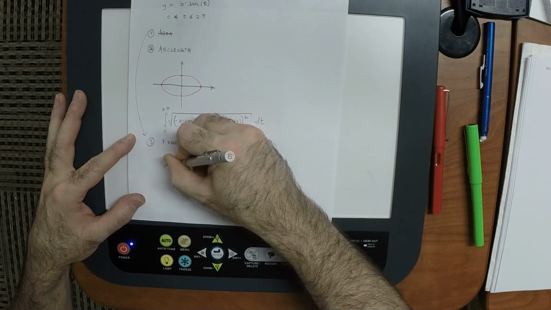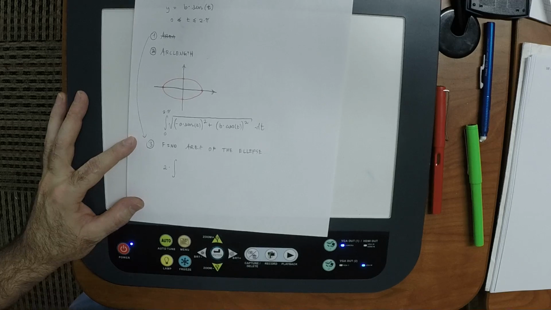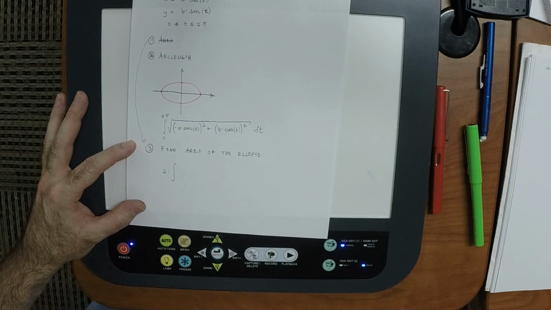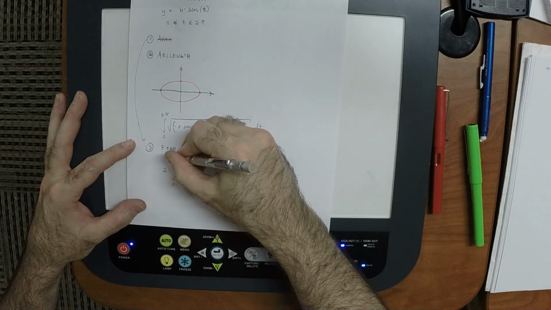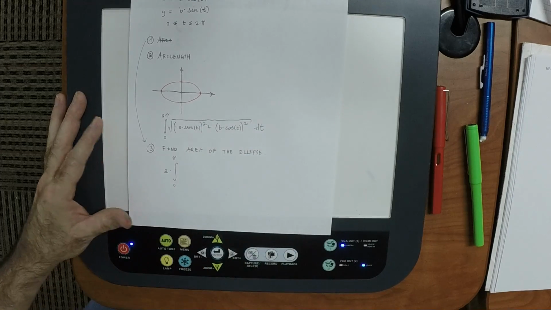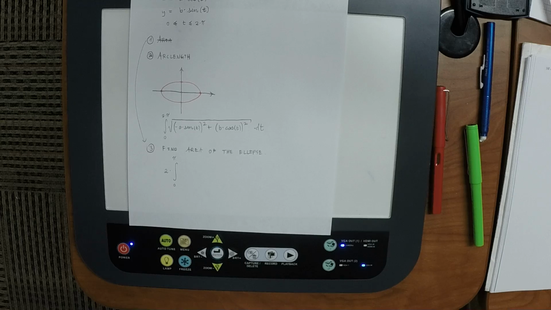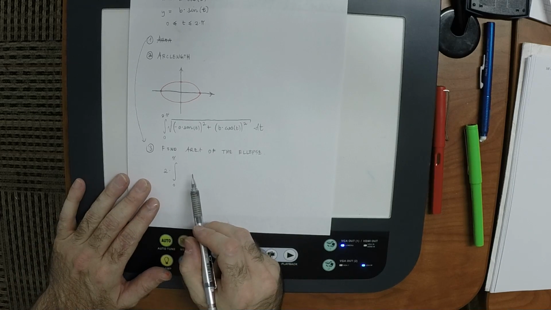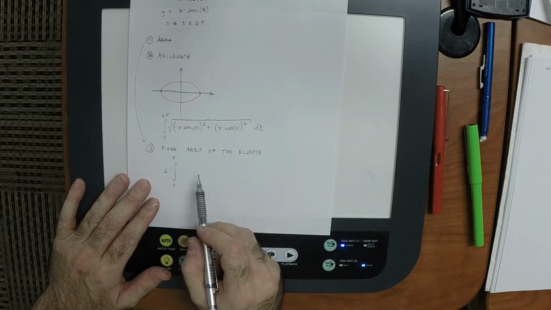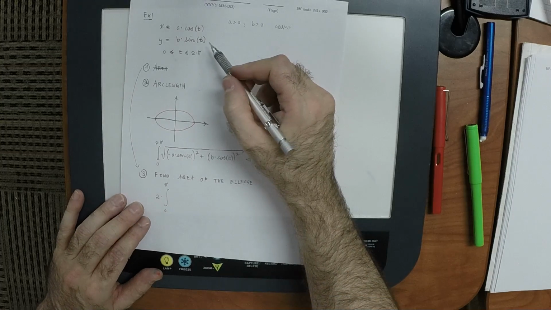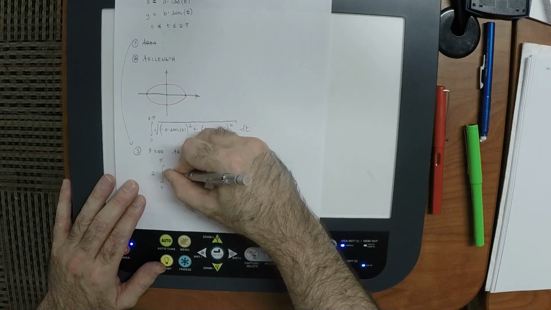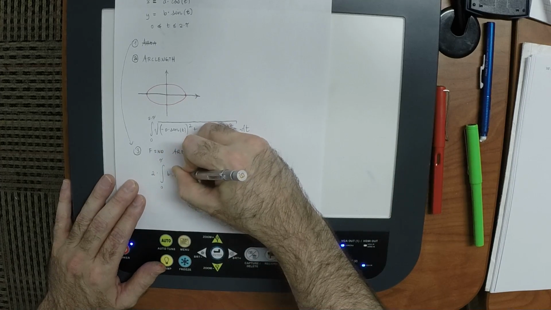So twice, and then integral, and what would the limits be? 0 to pi, meaning that we're only going to do half of it. So then it would be y dx. To substitute it in, y gets directly substituted in, so b sine t.